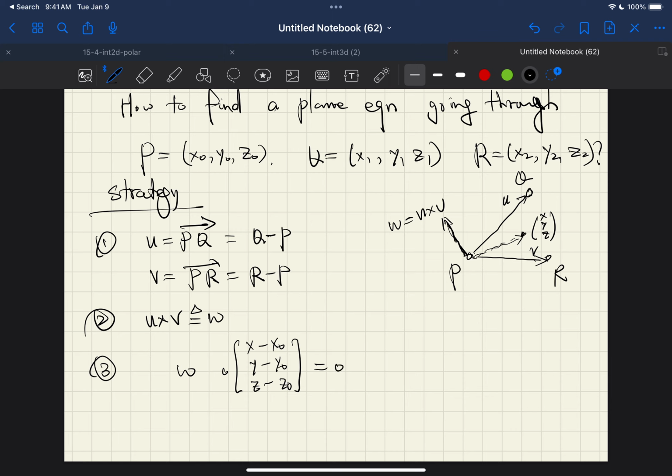This is the equation for the plane going through PQR.